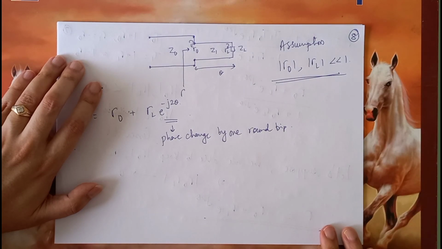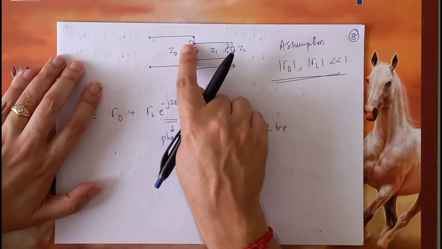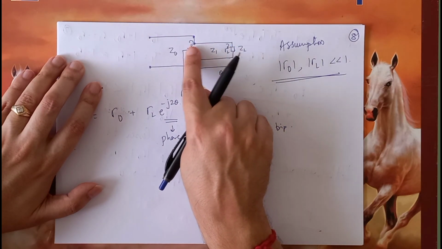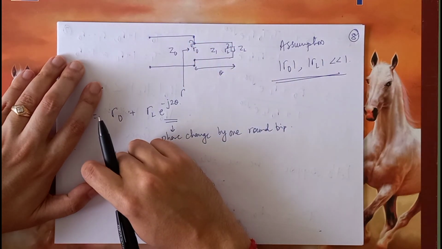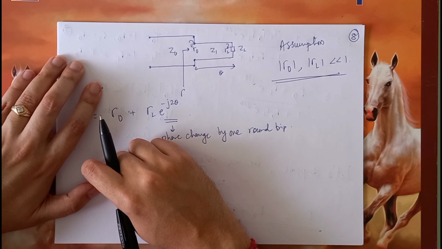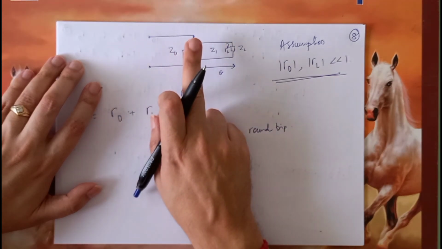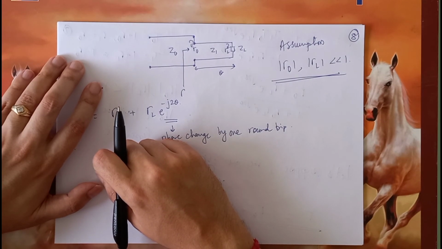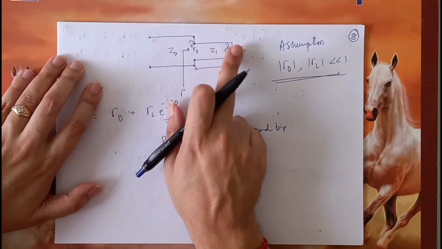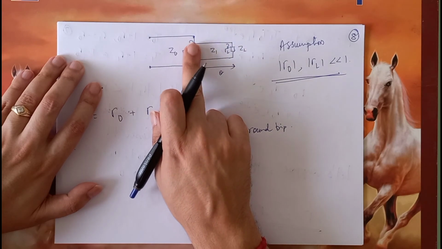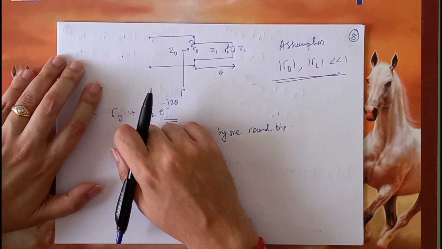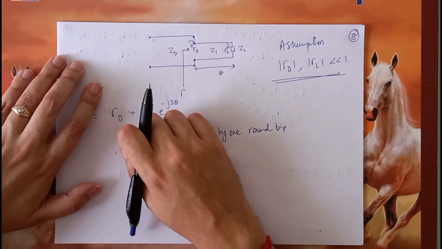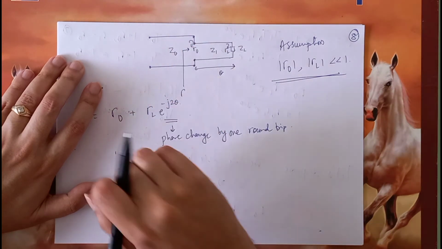What it means is we are trying our best. We are looking at each of these two reflection coefficients and trying to keep their magnitude small. In other words, the partial reflections that the waves undergo at each of these discontinuities or boundaries are very small.